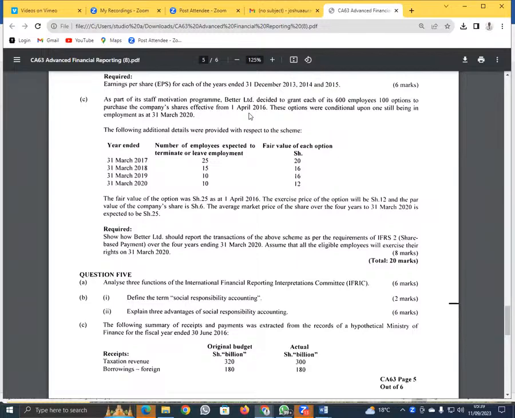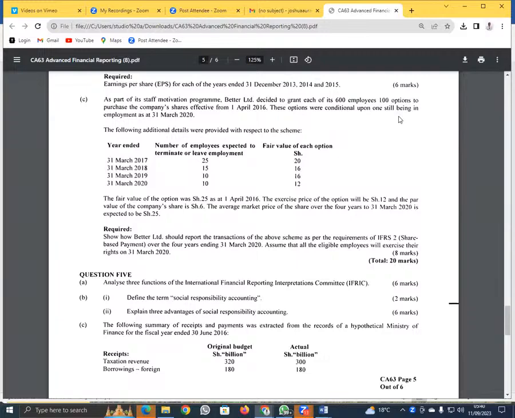So we are told as part of its staff motivation program, Better Limited decided to grant each of its 600 employees 100 options to purchase the company's shares effective from 1st April 2016.